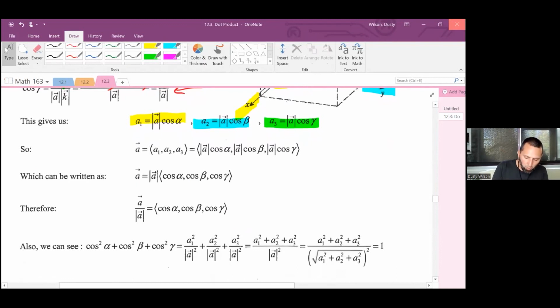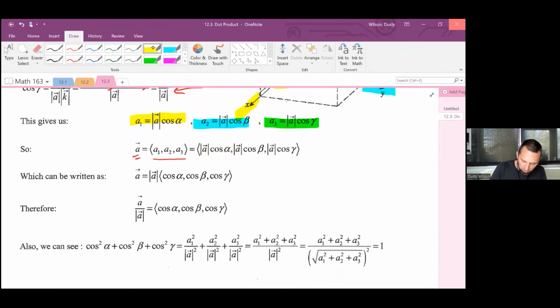So remembering what the vector A is, it's equal to A1, A2, A3, but now we have a formula for that. So here's our A1 component, our A2 component, and our A3 component. So there's a new representation for A.